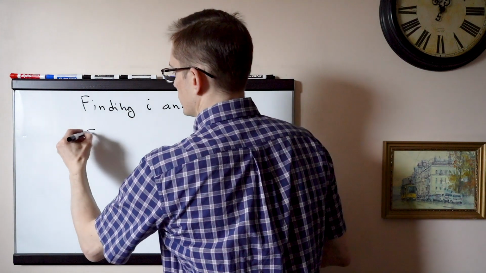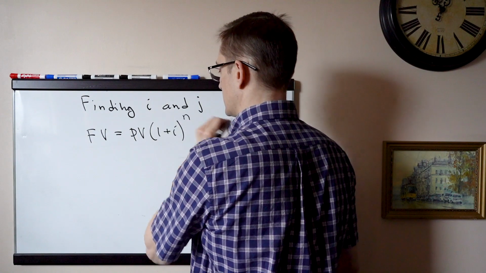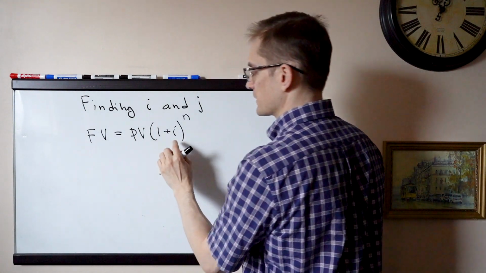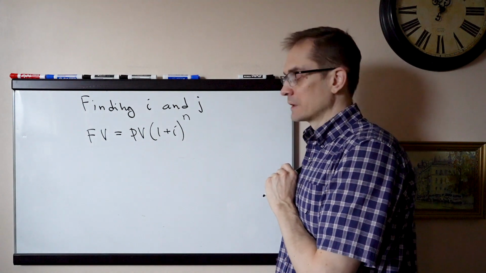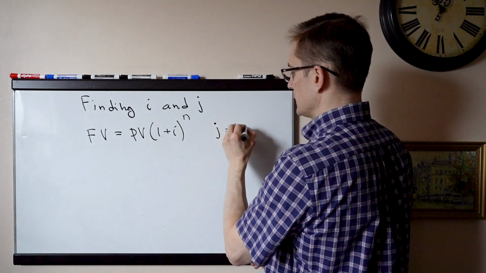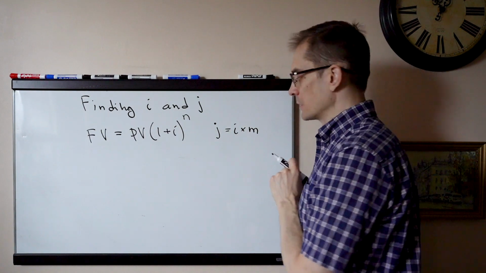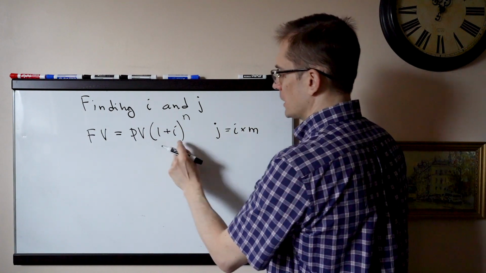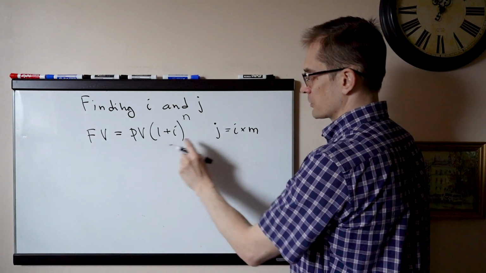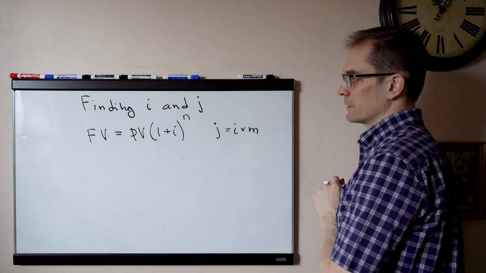I'll remind you that future value is equal to present value times (1 plus I) to the exponent n. What we want to learn now is how to find this I, the periodic rate. And to remind you, J is I times M, where M is the number of compounding periods per year. So if we know how to find I, it will be easy to find J, because all you need to do is take that periodic rate and multiply by the number of periods per year.